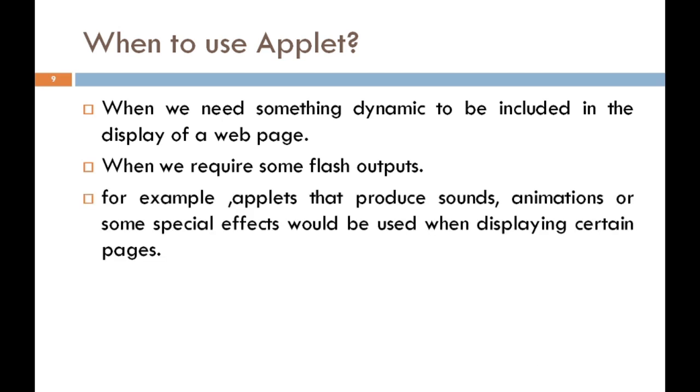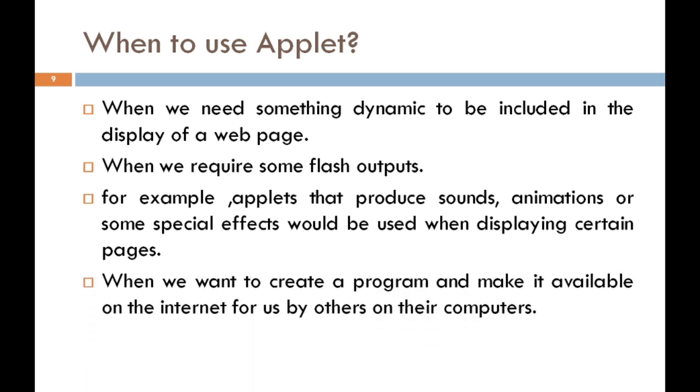For example, applets that produce sounds, animation or some special effects would be used when displaying certain pages. The next point is when we want to create a program and make it available on the internet for use by others on their computers. In short, for developing a web application in Java, we use the applet.